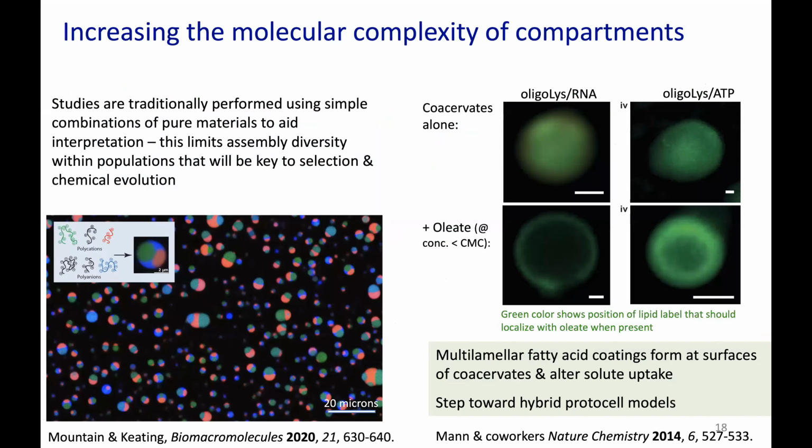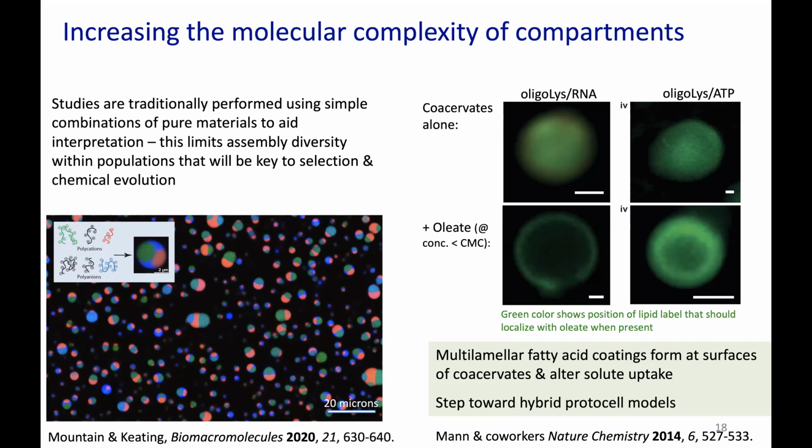Most experiments have been done with simple, well-controlled mixtures of just a few molecular types, so they're possible to interpret. We do that on purpose generally, even though we know real life is messier. But as we've been discussing in this workshop, prebiotic chemistry can be expected to be not just a little bit, but a lot messier than our laboratory test tubes. What will happen when we try to move closer to that?